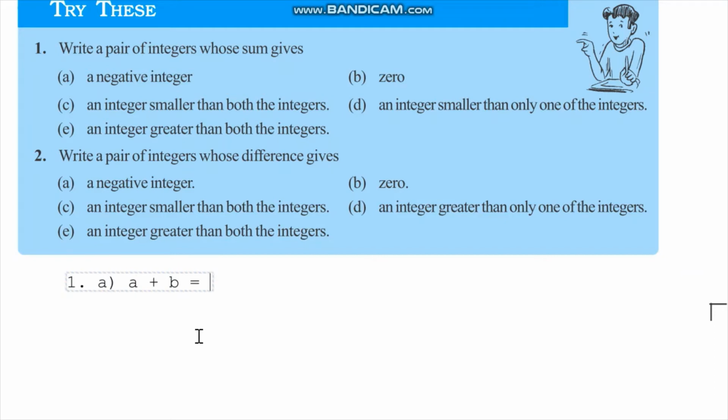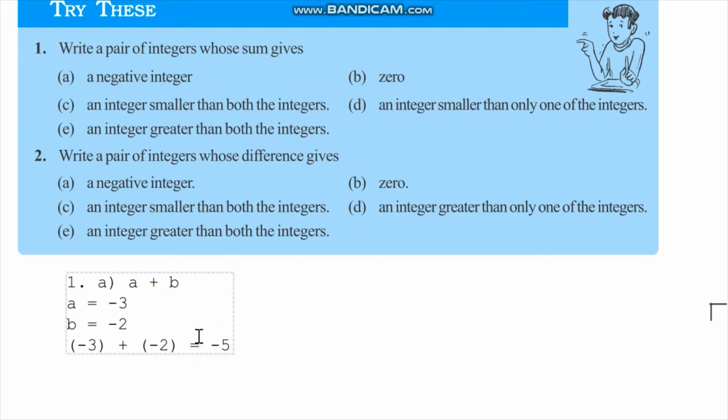For our example, let us take two negative integers. Let a be equal to minus 3 and let b be equal to minus 2. So a plus b is equal to minus 3 plus minus 2 and the answer is minus 5.